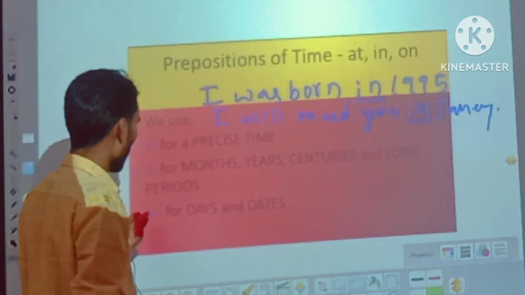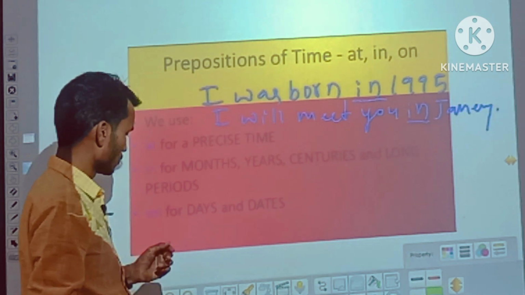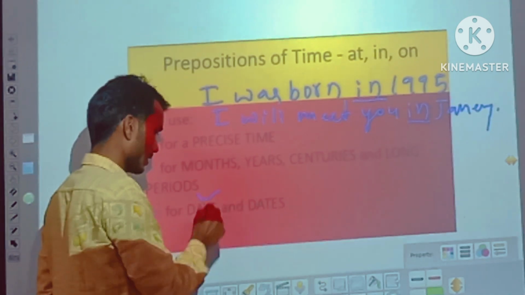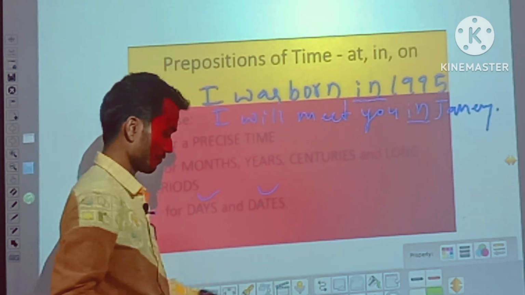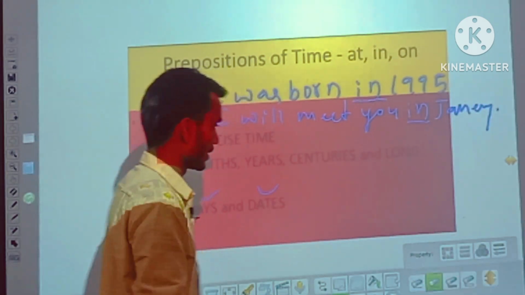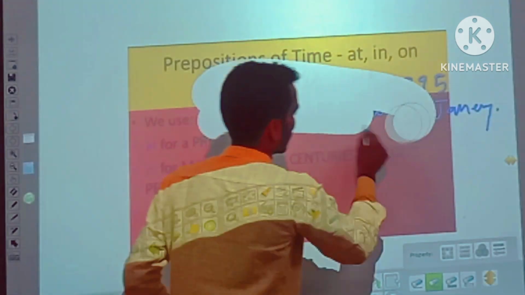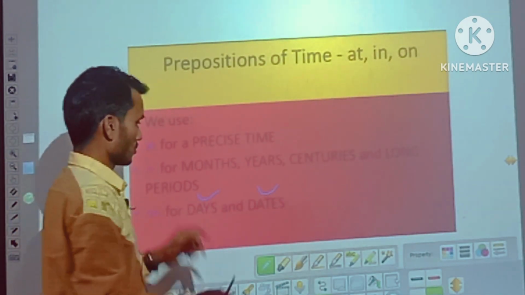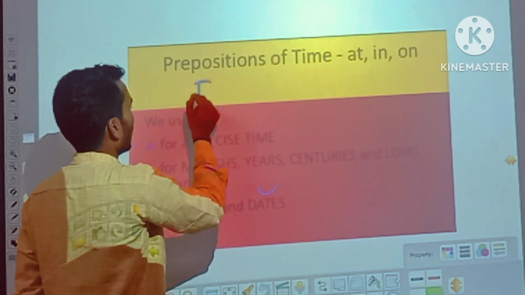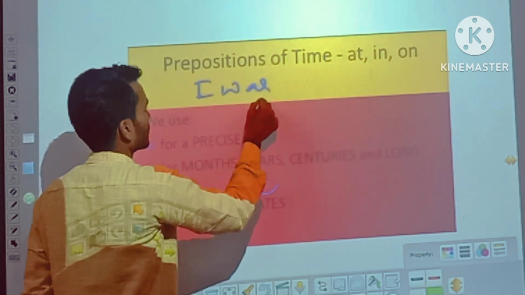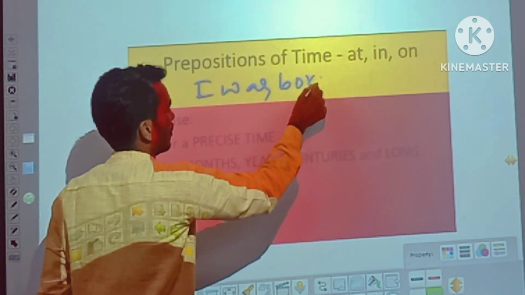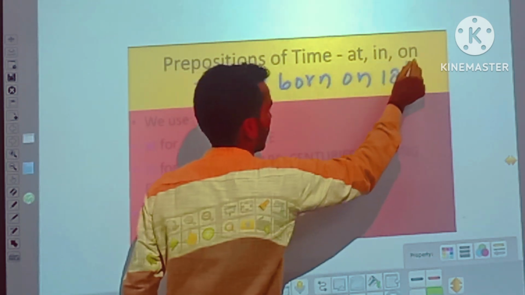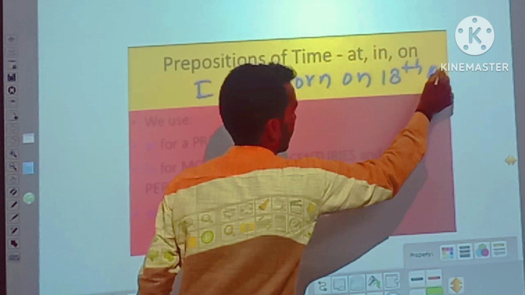So then we have on, where we should use on. We should use on when we are going to tell the days or the date, a specific day or date. So let me give you some more examples regarding it, right? For example, I was born on 13th April.